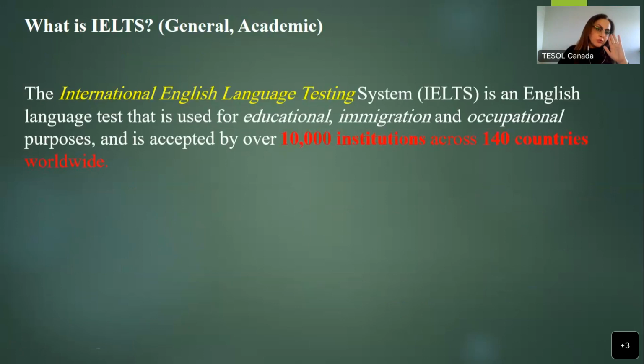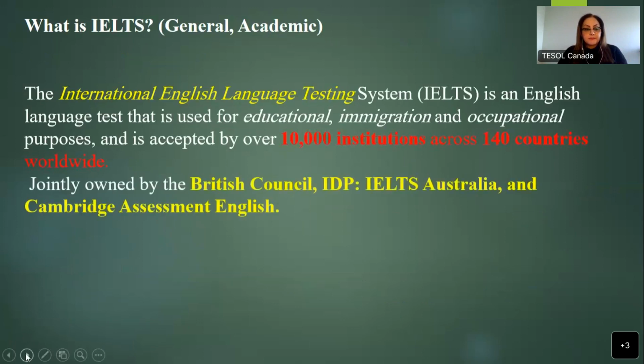Even if you want to work in countries where the first language is English, you need to have IELTS. It's accepted by over 10,000 institutions across 140 countries worldwide. It's owned by British Council, IDP, IELTS Australia, and Cambridge Assessment English.